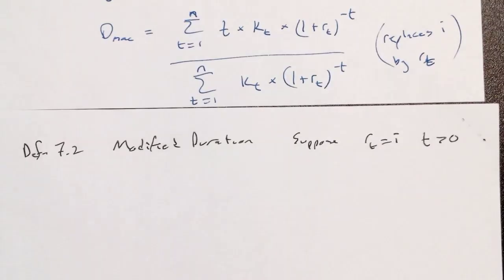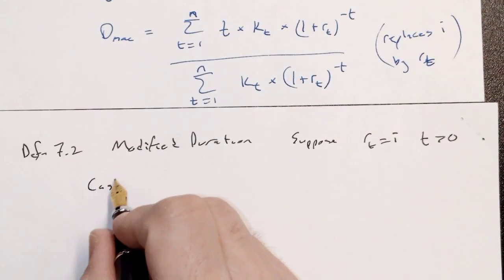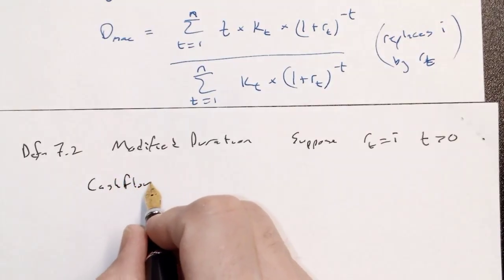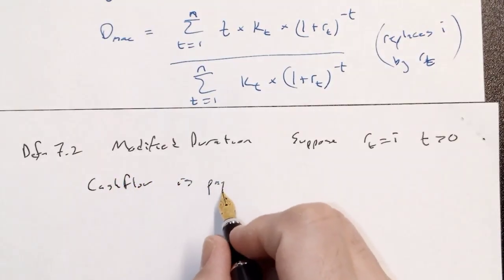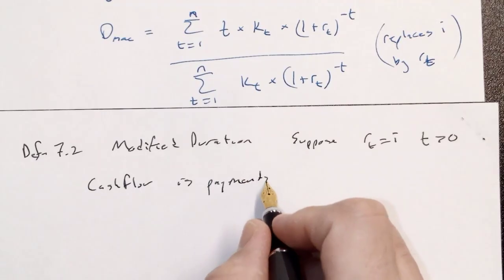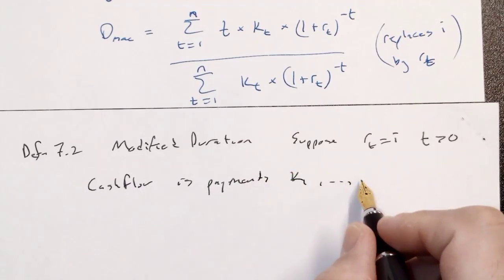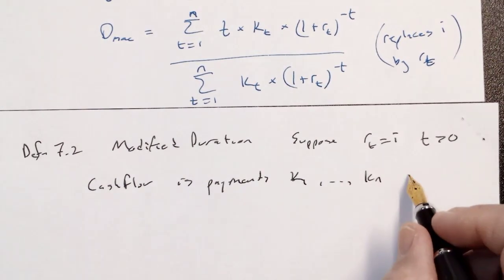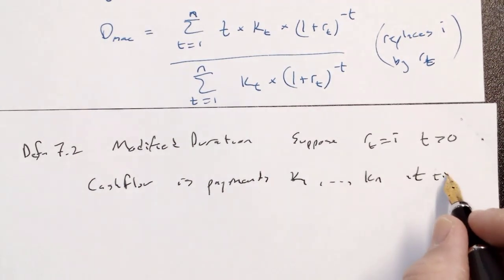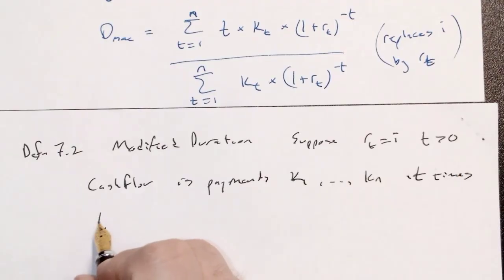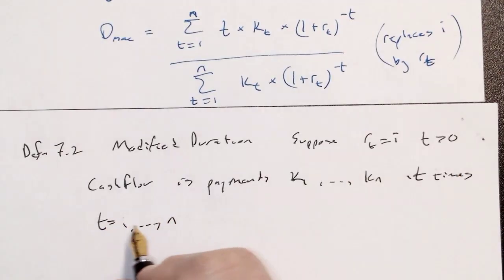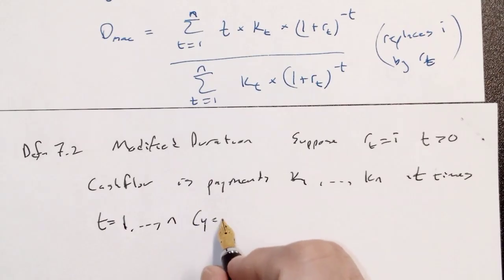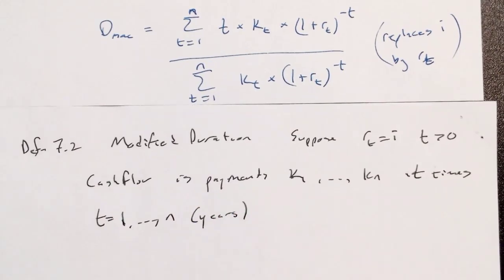So I'm starting with the assumption I've got a flat rate. Again, cash flow is payments K1 through Kn, at times 1 through n in years, or whatever common unit I'm using.